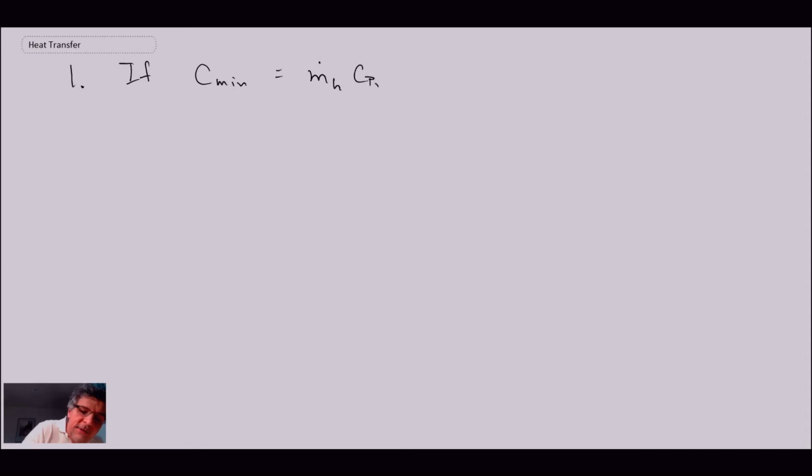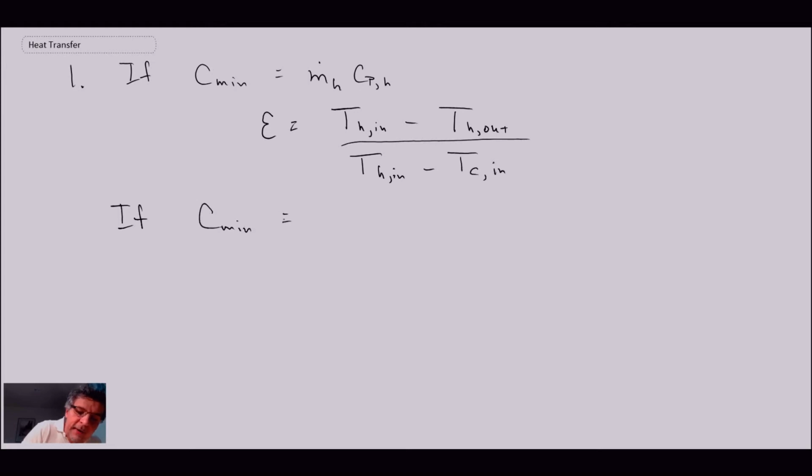The solution is going to depend upon whether the hot fluid or the cold fluid has the minimum m dot c sub p value. If the minimum fluid turns out to be the hot fluid, then your effectiveness is computed with the following equation. And if the minimum fluid turns out to be the cold fluid, then the effectiveness is determined with a different equation.